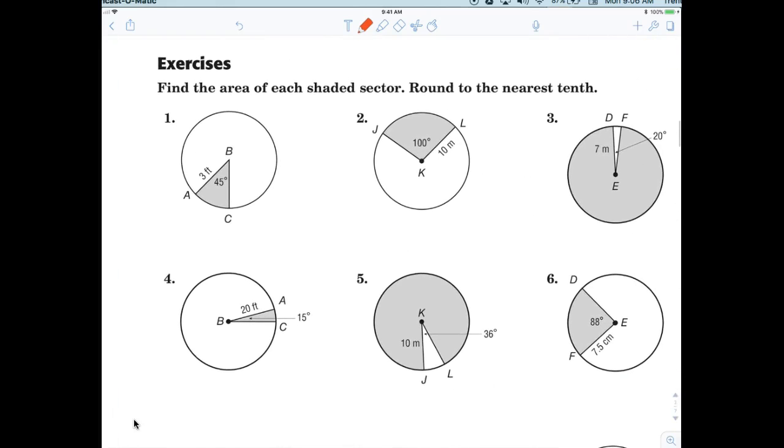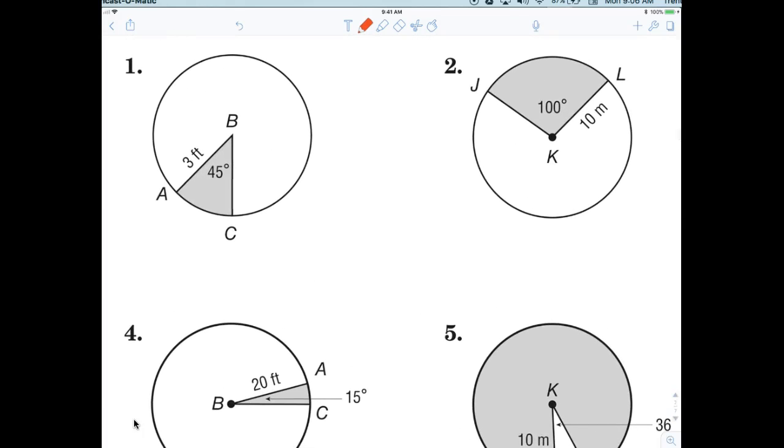All right, just to show you again how simple it is, let's take a look at number 1. So pi r squared times 45 over 360. That's 3 squared, 9. So all you're doing is thinking, pi times 3 squared. Can anybody tell me 45 degrees is what part of the circle? I need you to know that.